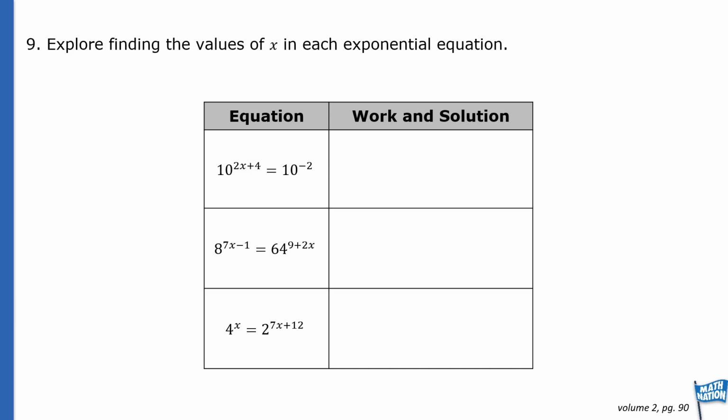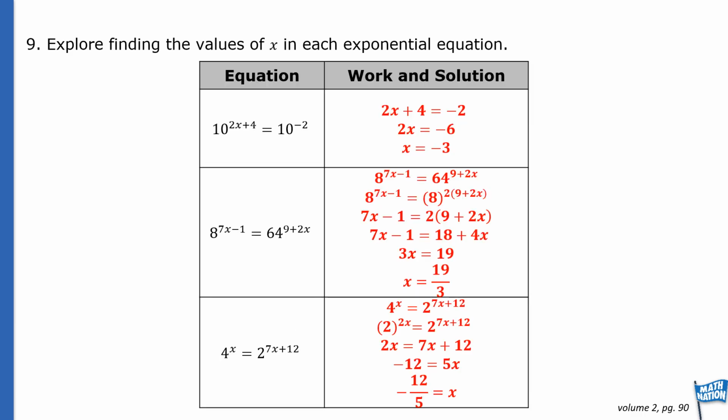Okay, so if we're using the base 2, we know 2 to the second power gives us 4. So on the left side, that should have 2 in parentheses, and your exponent should be 2 times x. The right side will stay the same. So here's what they should look like, and it's worked out for you.